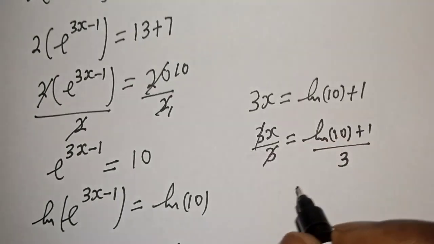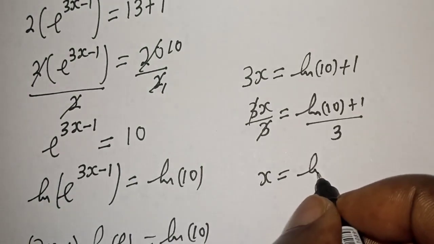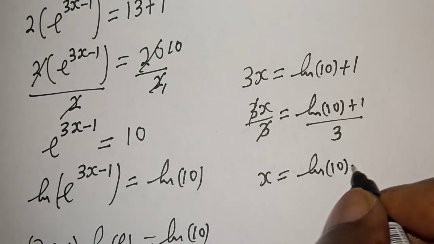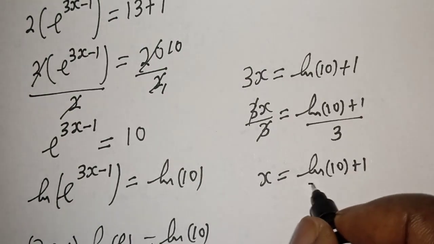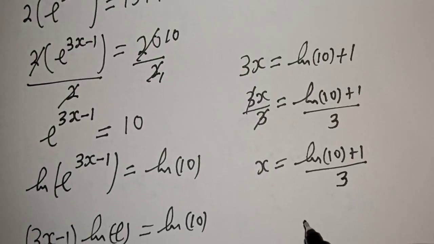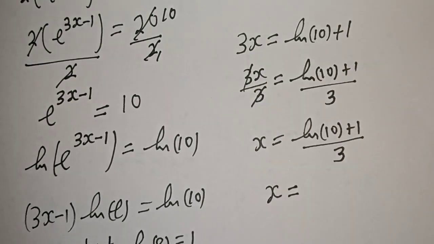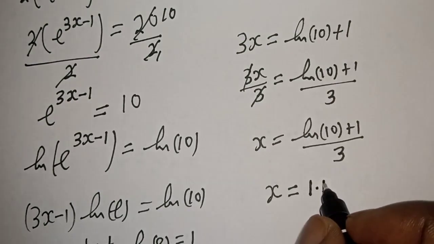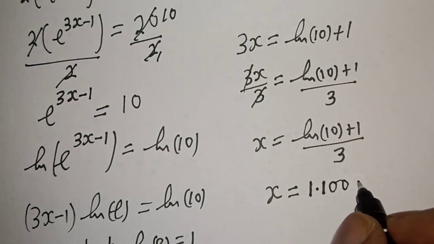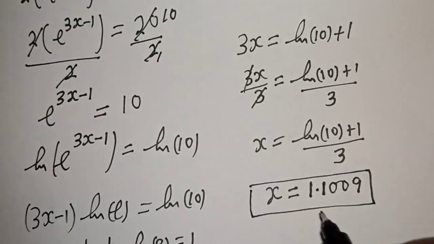This will cancel this. x is equal to natural log of 10 plus 1 divided by 3. Then x is equal to 1.1009. This is the final answer.